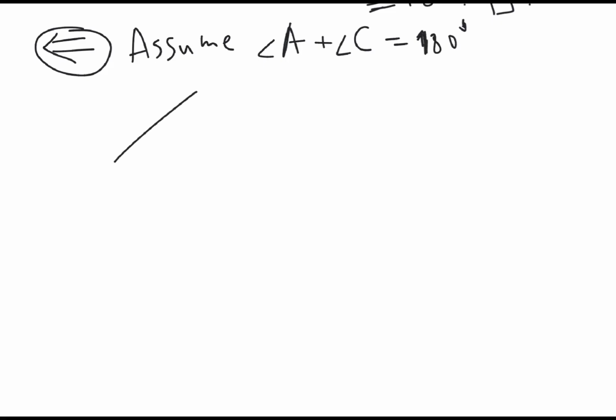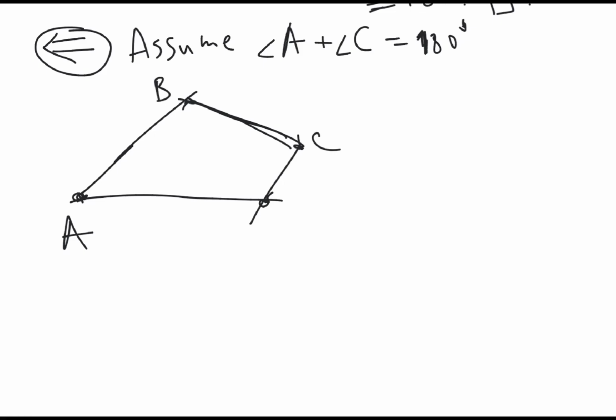So we have a quadrilateral, let's say something like this, and we know that the sum of these angles is equal to 180 degrees.